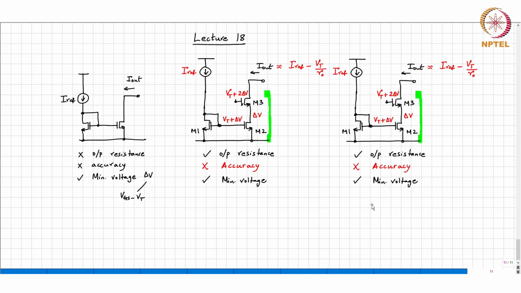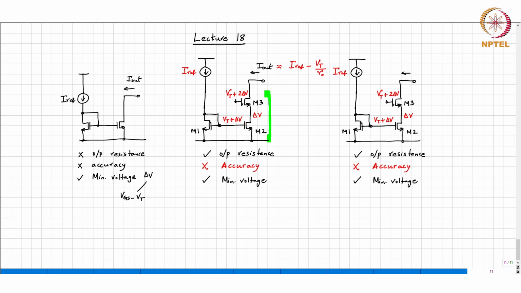What is the root cause for poor accuracy? Okay, so what should the gate be tied to? Gate of M3. How will we fix the problem? If we want to fix the accuracy problem, what will we do? Go step by step. What should we do? What is the root cause of the problem?